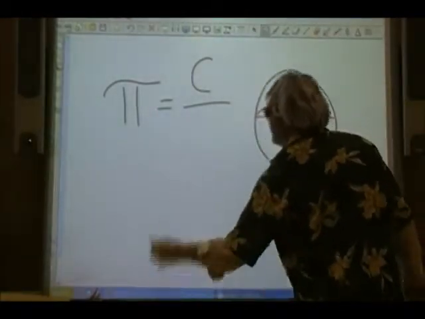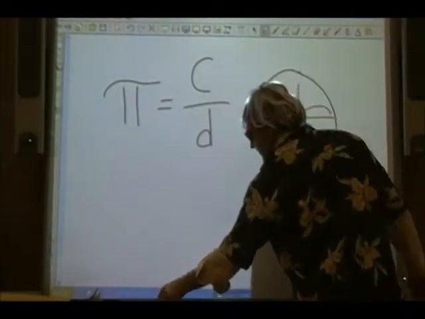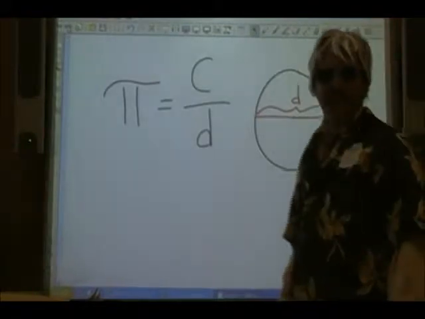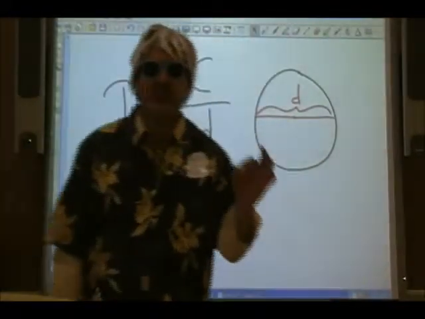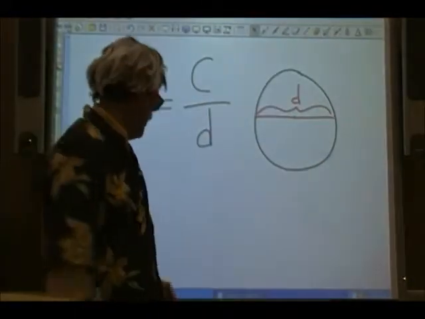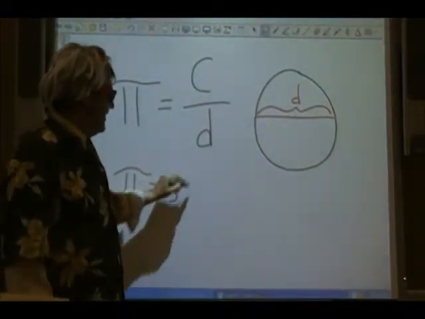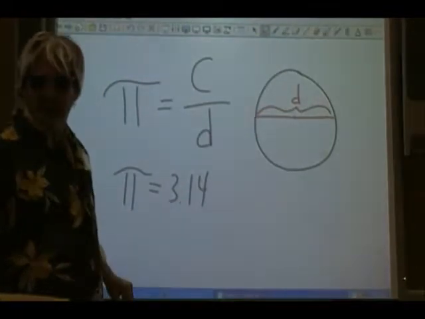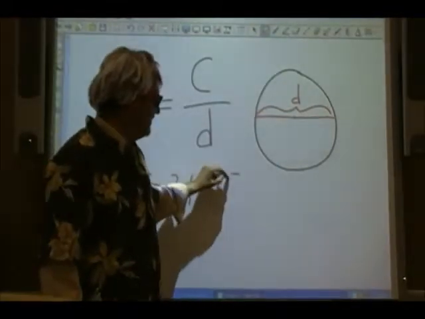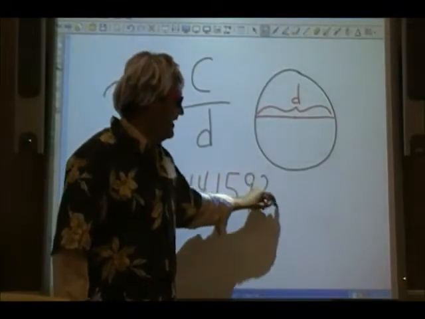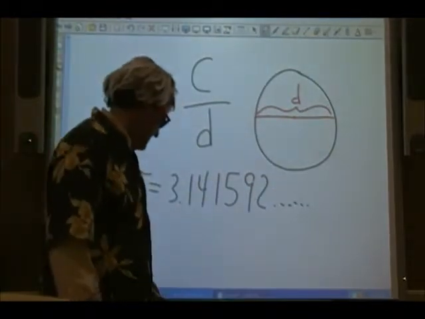So all we're doing is taking circumference and dividing by diameter. And this number that you get will be a run-on number. It's 3.14 is how we abbreviate. Then it goes 1592, and it continues and continues.